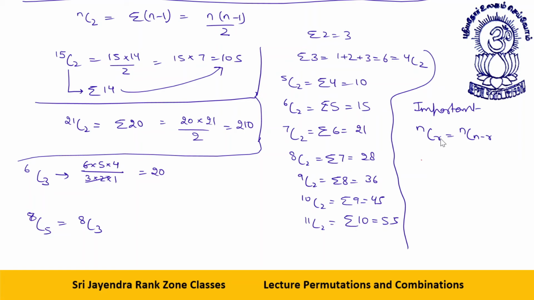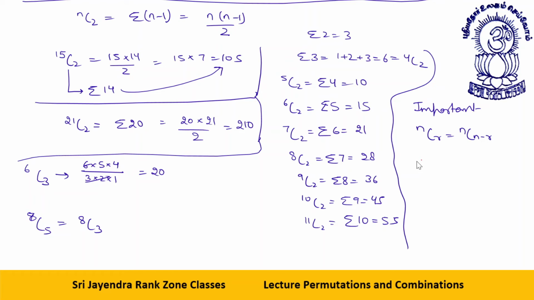The moment you pick a group of 4, a group of 6 is left on the other side. So the number of times you pick 4 is equal to the number of times you keep 6 things aside. Selecting 4 out of 10 is the same as selecting 6 out of 10. This thing you need to remember.